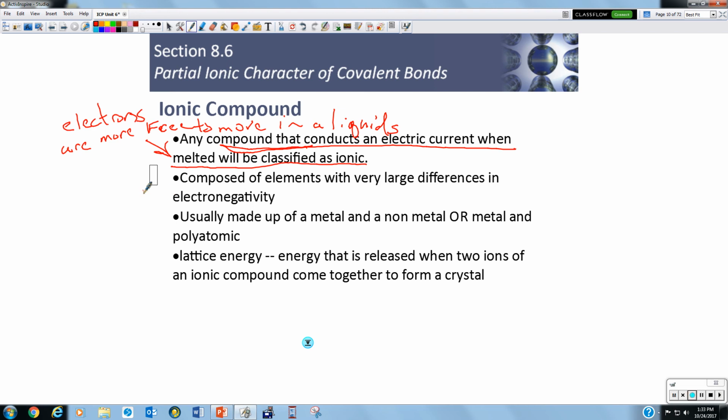Again, ionic compounds are composed of elements with very large differences in electronegativity.